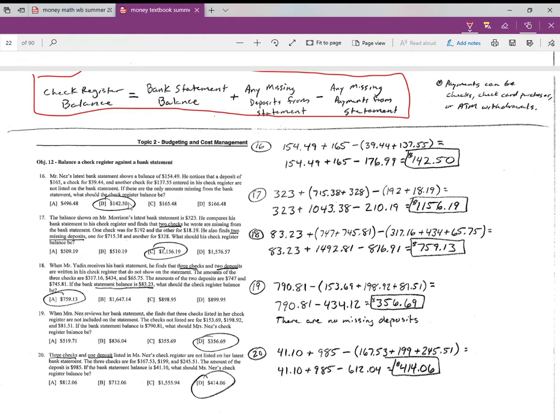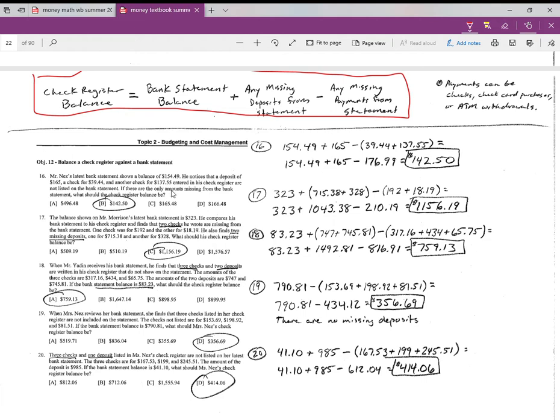So number 16, his latest bank statement shows a balance of $154.49. So that's what the bank says he has. Now that can either be correct or it can be wrong based on if there's something missing. So as he goes through this, he noticed that a deposit of $165 and a check for $39.44 and another check for $137.55 that he has entered in his check register are not listed on the bank statement.